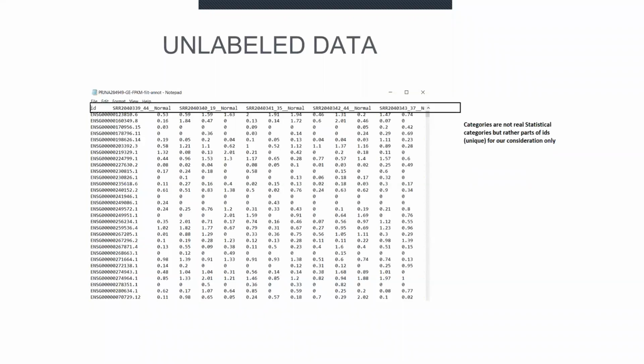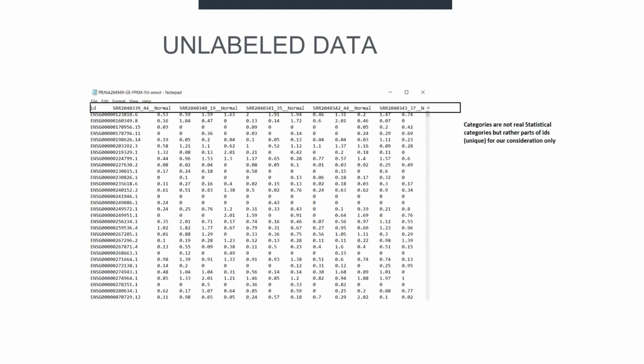So we create categories out of genes or samples, for example, and then we are inputting those categories in the analysis. On the other hand, we could have a labeled sample like the one we see on the screen, but it's not labeled statistically. Why? For example, we have some labels like normal in each sample, but that is just part of its ID.